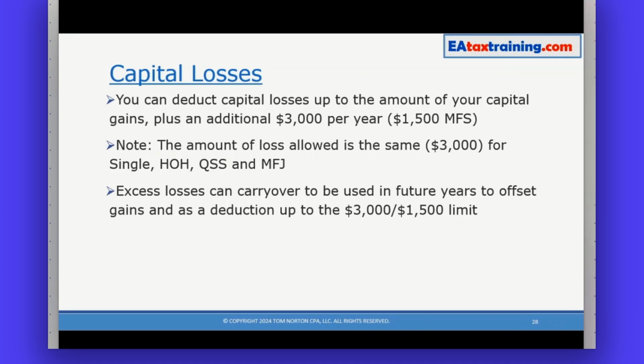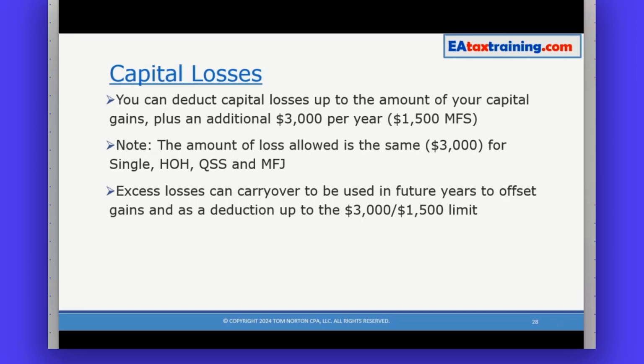So let's go back up to that first point. You can deduct capital losses up to the amount of your capital gains. Let's think about stocks and other investments, because that's usually where this comes into play. You're buying some throughout the year, selling some throughout the year, making multiple transactions. Some you sell at a gain, some at a loss.